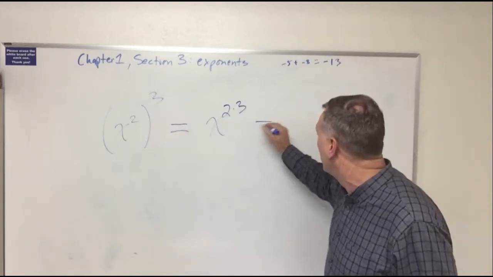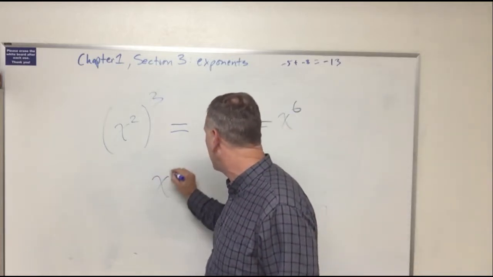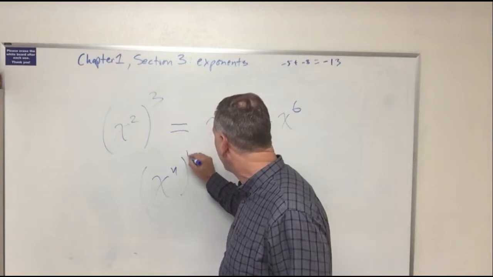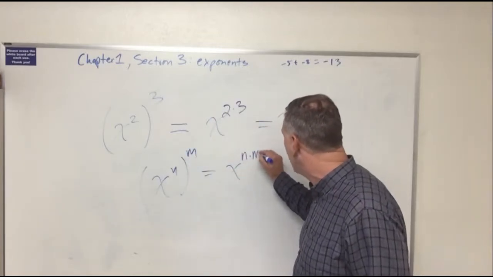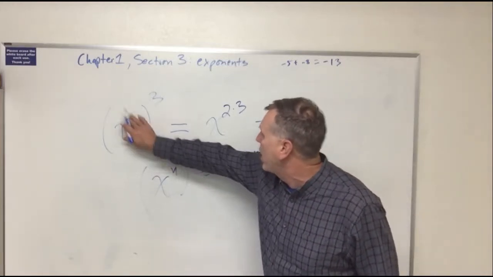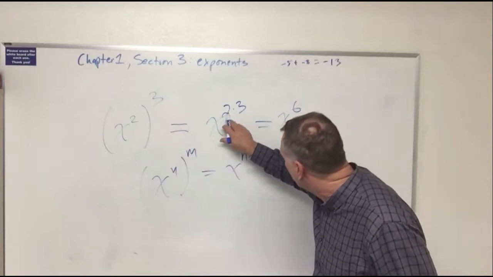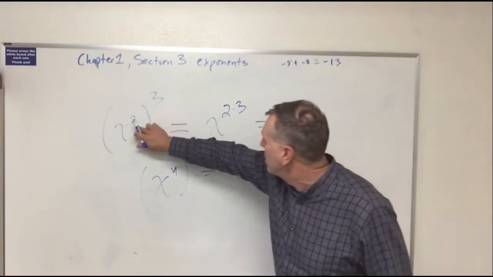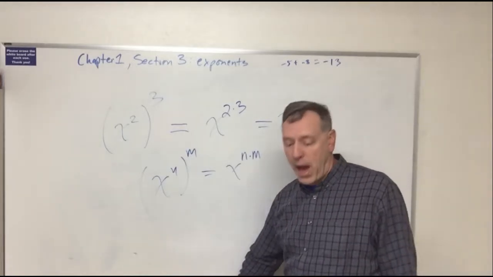This exponent rule gives x to the 6th power. And the broad principle is this: x to the n, all to the mth power, is x to the n times m, written something like that. So here in this case we have x squared all to the third power. That's x to the 2 times 3, and this times that is 6, so x to the 6th power.